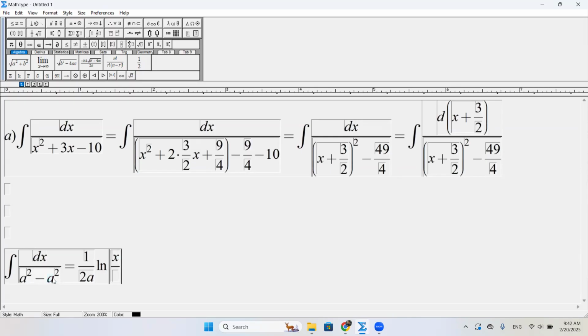So the logarithm of a plus x over, in the denominator, a minus x, plus constant. So we also need to modify this integral a little bit, just by changing the sign, and we will receive the table integral.